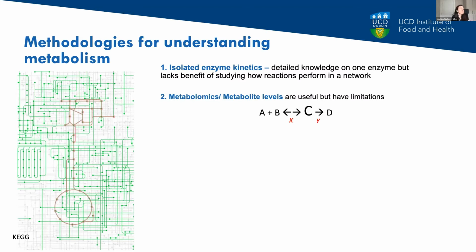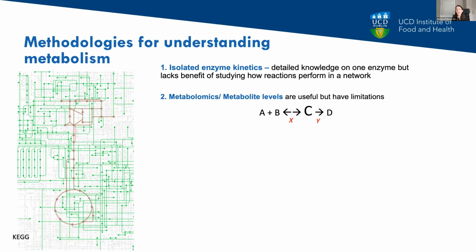Because of this, now it's much more common to use things such as metabolomics or measuring metabolite levels. And this is really useful because you can get a really broad fingerprint of how metabolites are changing in a specific biofluid or cell under different conditions.